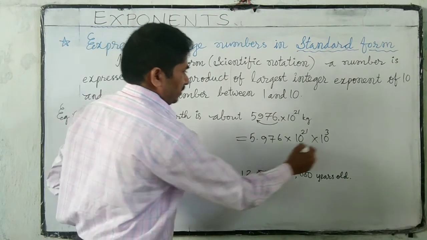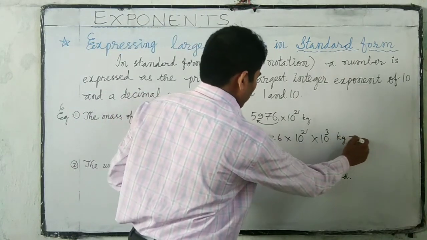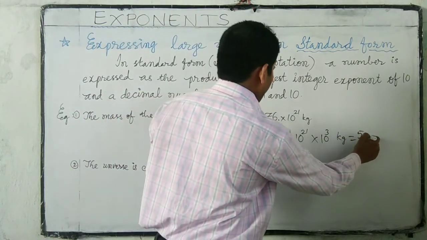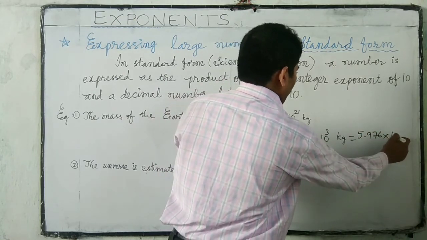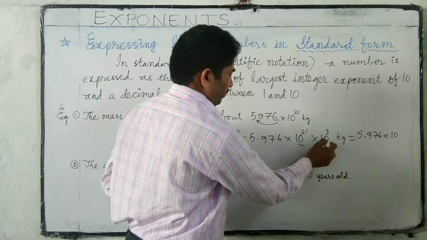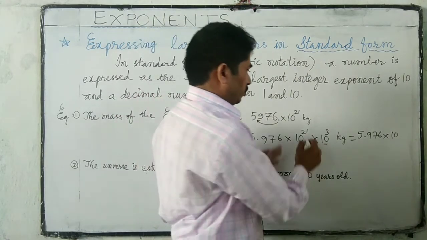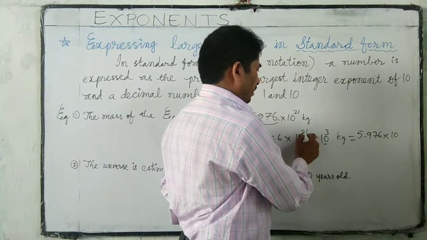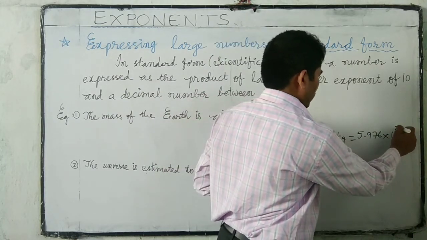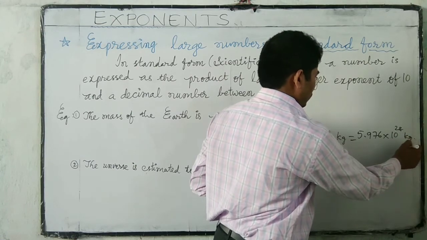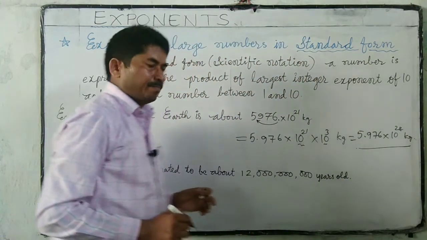So the final answer is 5.976 into 10 to the power of, here the bases are the same, so the powers should be added, 21 plus 3, 24 kg. So this is the final answer.